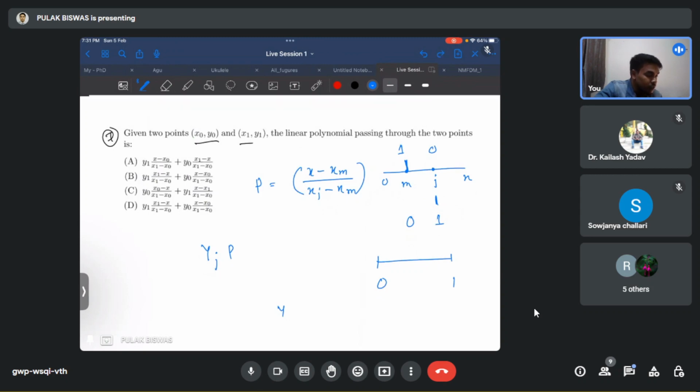No, actually the reverse case. Yeah, x minus x0, x1 minus x0. So when x's value is x0, then it is 0. So y1, and yeah, the reverse order.